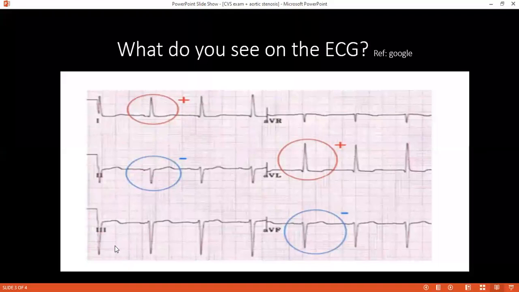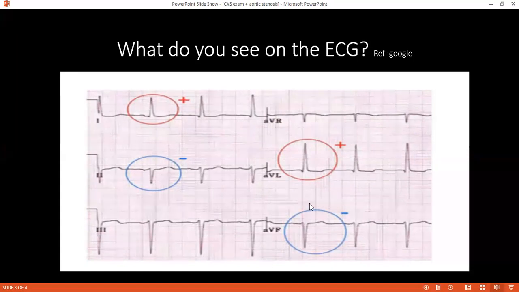What will be the heart rate? You have to tell what these pluses and minuses are in the blue circle and the red circle. On the basis of your examination, looking at this ECG, what are your differential diagnoses?